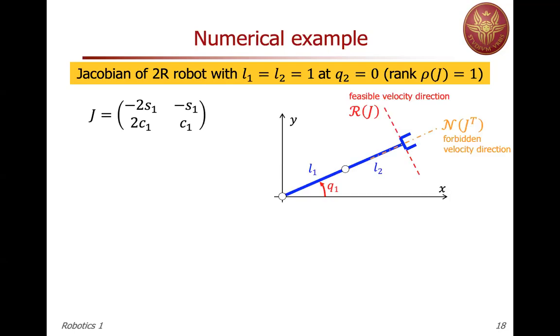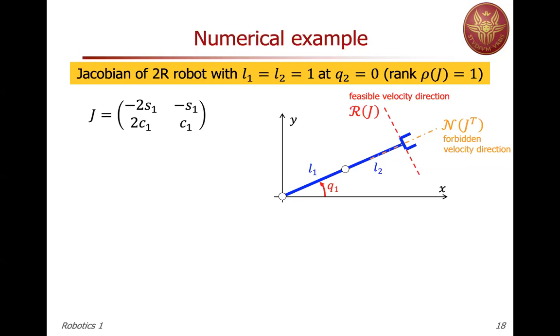And if we put the robot in a generic Q1 configuration with Q2 equal to 0, so the arm is fully stretched, then we can decompose the Cartesian space, the two-dimensional space, into two complementary directions. One is the range of J, and the other is the null space of J transpose.